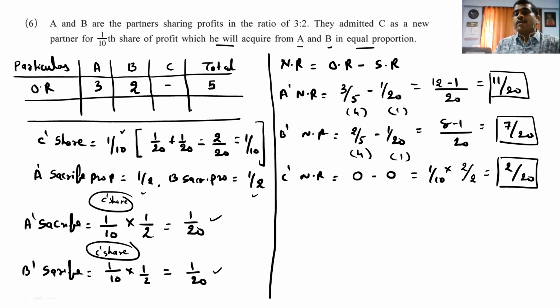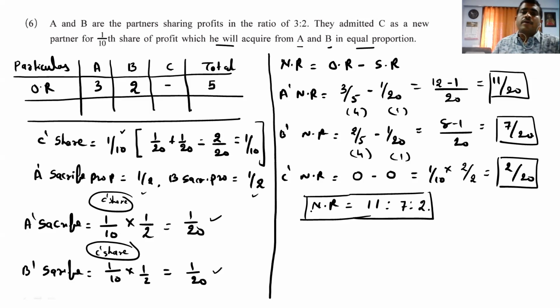Yes. So our new ratio, friends, what is our new ratio? The new ratio is 11:7:2. Yes, that is our new ratio, 11:7:2. Now we have to find the sacrifice ratio. So how to find the sacrifice ratio? What is the formula?